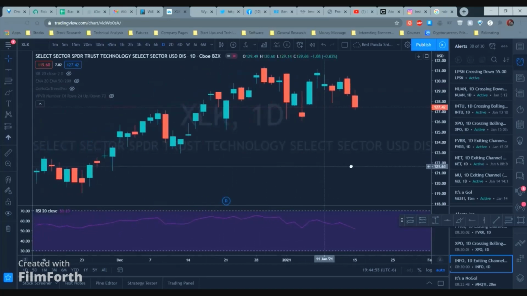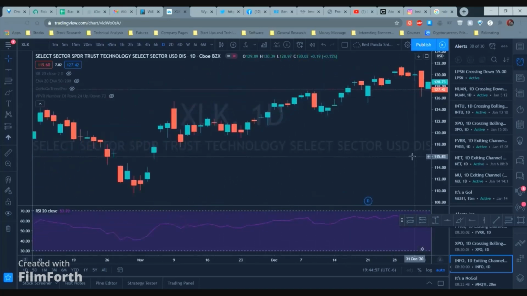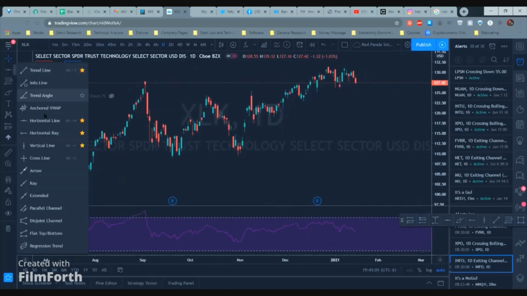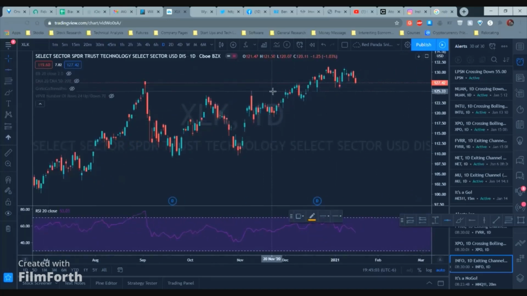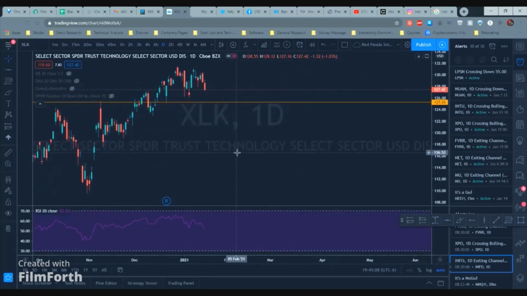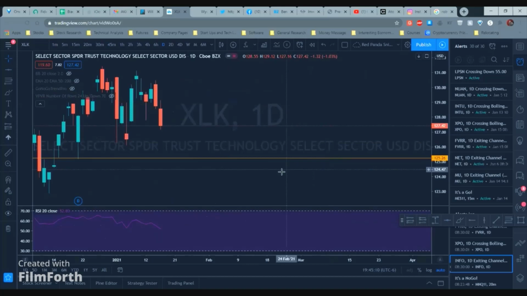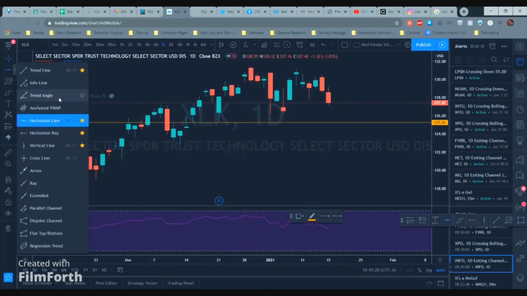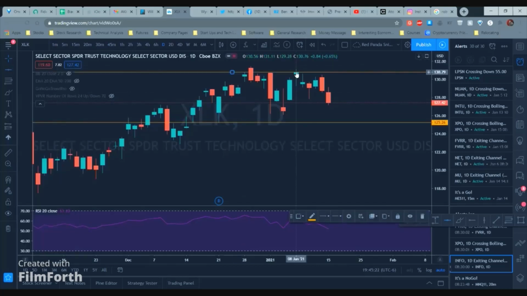So moving here with XLK where it's at now, since we have a new level. So now that we are in this new trading range area, we see resistance, support.